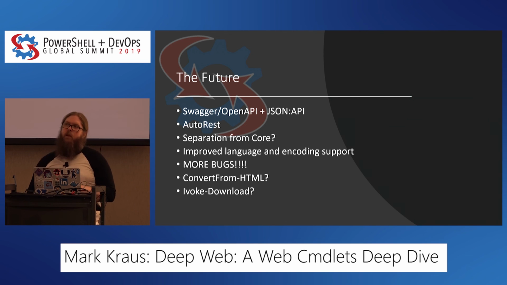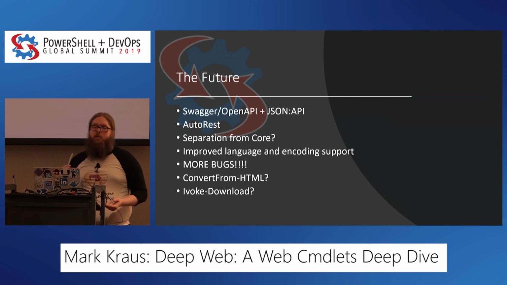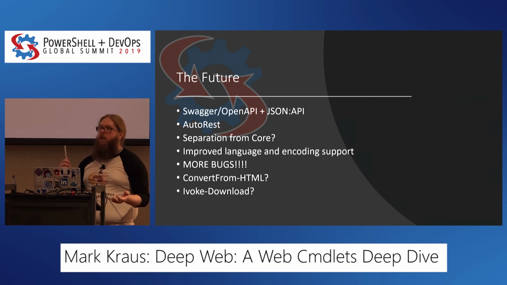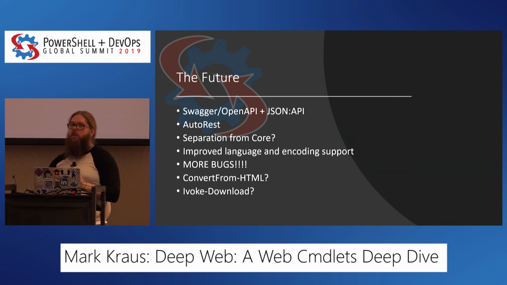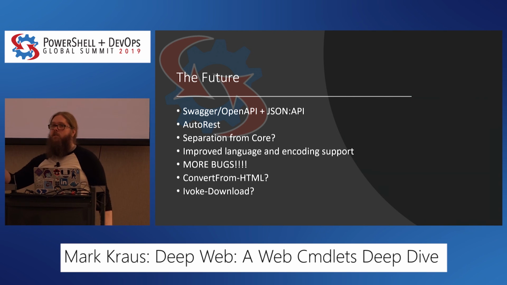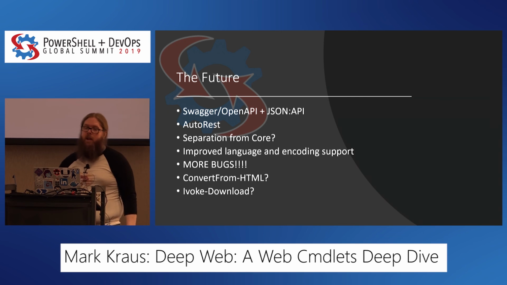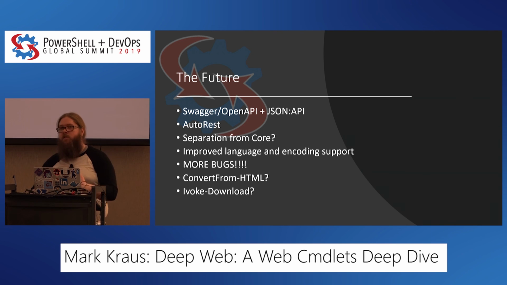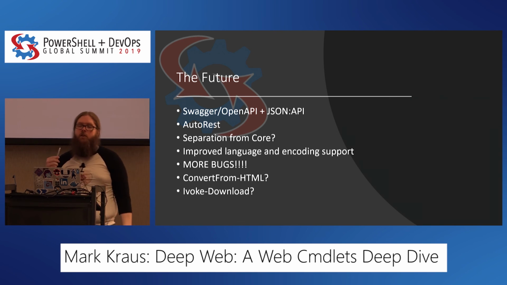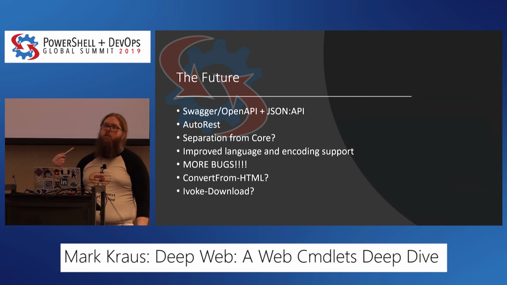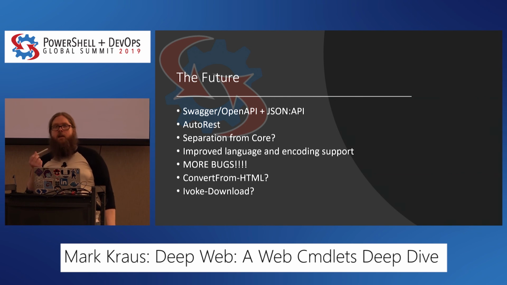A lot of things like Ember and .NET and Java support these out of the box to easily create APIs that you can work against any kind of endpoint and easily create usable objects native to your language. So these are going to be the future, and we'll need to invest heavily as a community in making the web commandlets work with these.